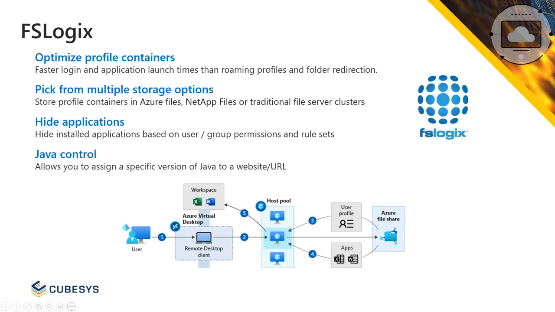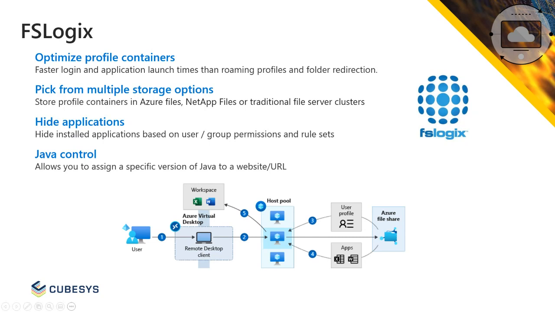Here's how FSLogix profile containers work. Here we can see the user signs into the remote desktop client. The user then gets associated to a VM or a session host. The VM then gets the user profile from the Azure file share or NetApp Files or file servers, whatever you're hosting it on, but basically the VHD is mounted to the session host.